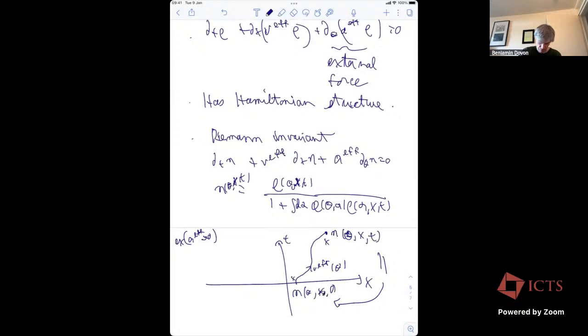So n is just transported along characteristics. The characteristics are those that are proportional to the effective velocity.